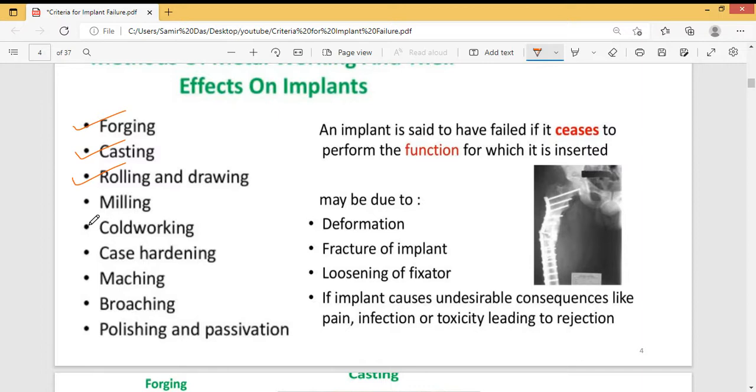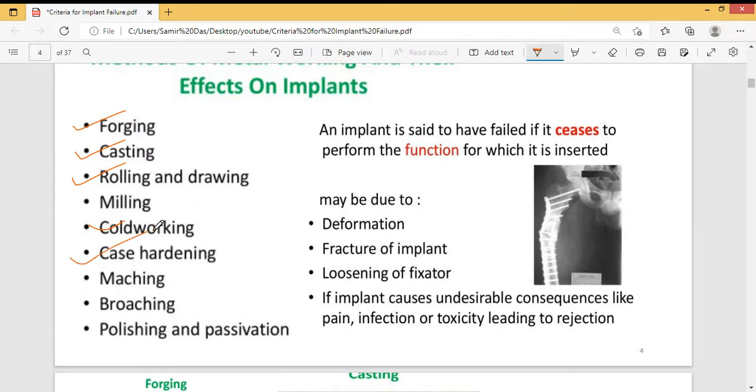So this is a kind of cold working. In case of hot working, we go around its melting temperature, but not crossing its melting temperature, at a temperature higher than what we use in case of cold working.